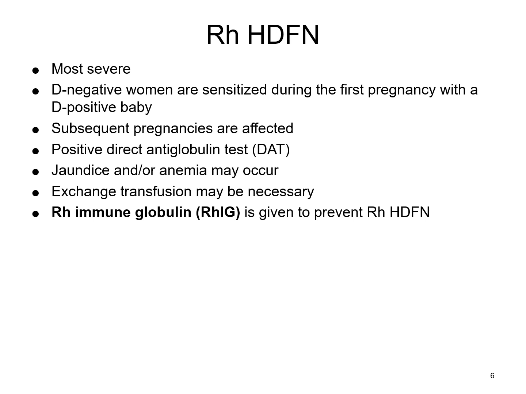Exchange transfusion may be necessary depending on the severity, and one of the preventative actions is to give the mom Rh immunoglobulin to prevent the formation of Rh hemolytic disease of the fetus and newborn.